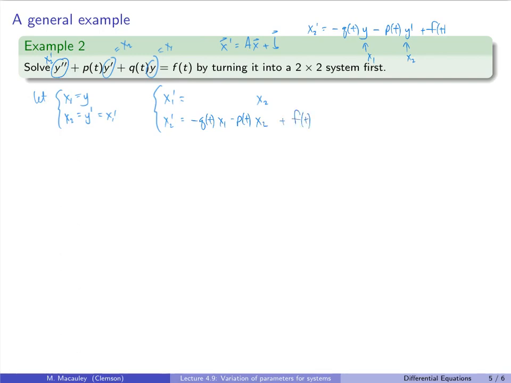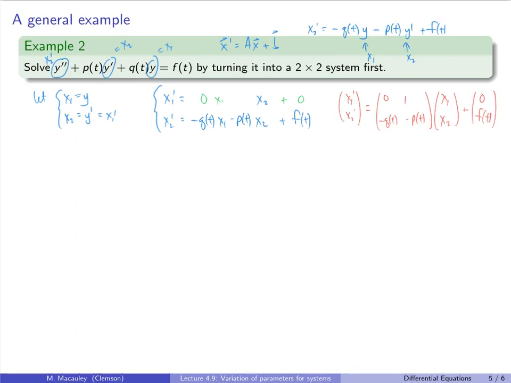If you want to fill this in, you can say this is plus 0 x1. So in matrix form, this is x1 prime, x2 prime equals the matrix 0, 1, negative q of t, negative p of t, times x1, x2, plus the vector 0, f of t.